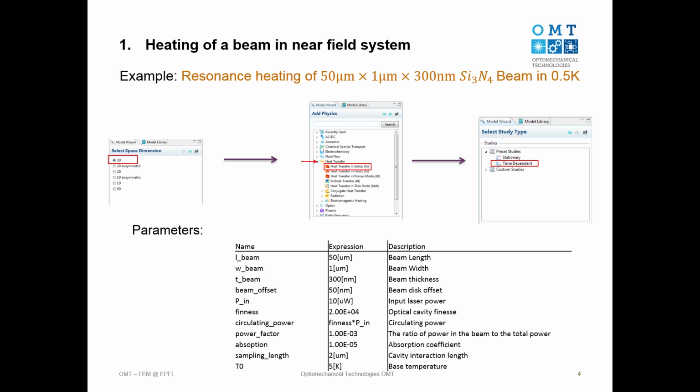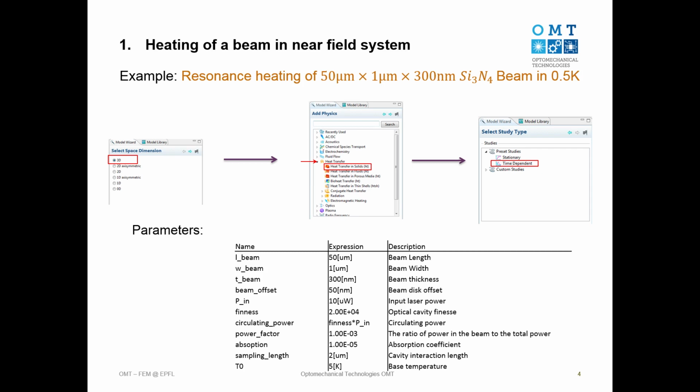This is an important figure of merit for these near-field systems. If you see it from the top, I think Sergey had a nice image of it. You can see this beam is on the order of, let's say, 50 micron, but not the entire 50 micron of the beam is interacting with the cavity. Only the central part, about 7 micron of this beam, sees the near field of this cavity.